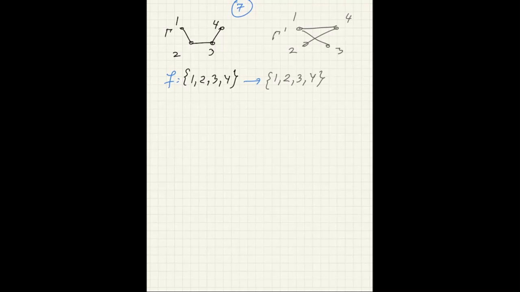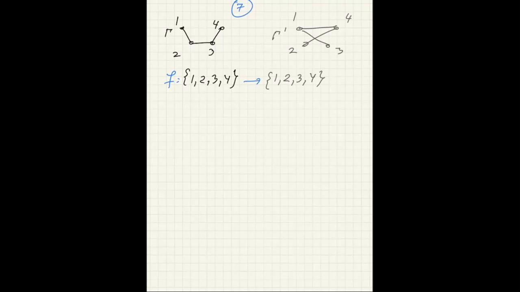So now you have to come up with a function that is a bijection. There are 4 factorial, so there could be 24 such functions, but you want to map edges to edges and non-edges to non-edges. So here, if you look at the two graphs, they're both this path on 4 vertices.